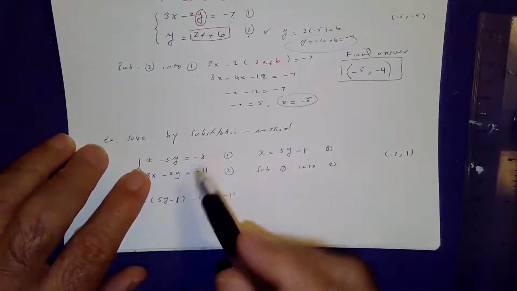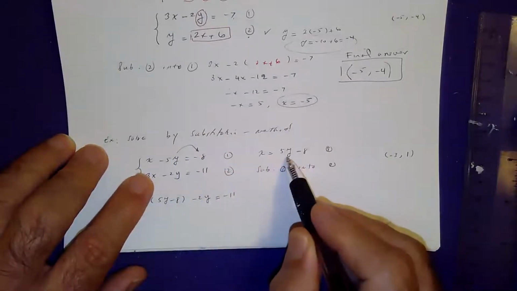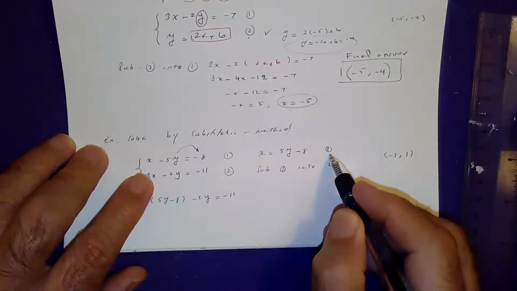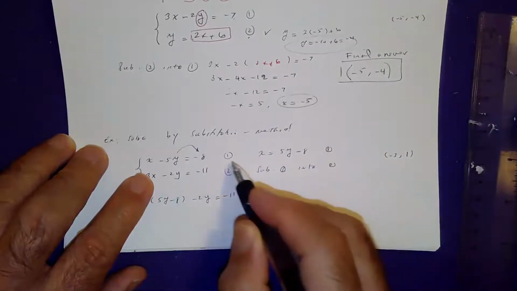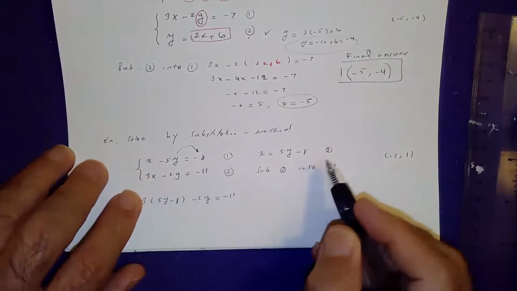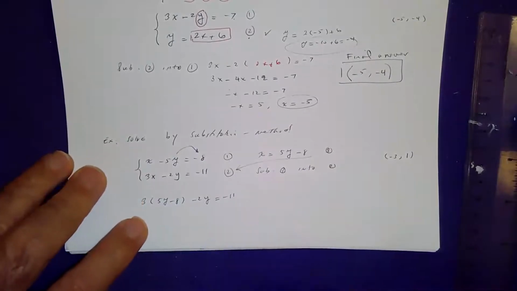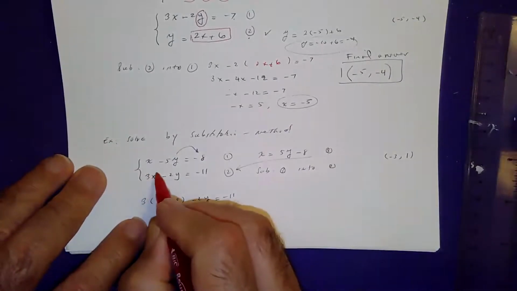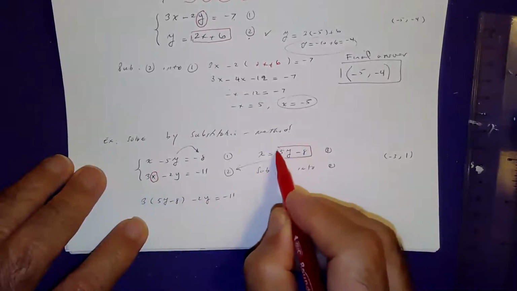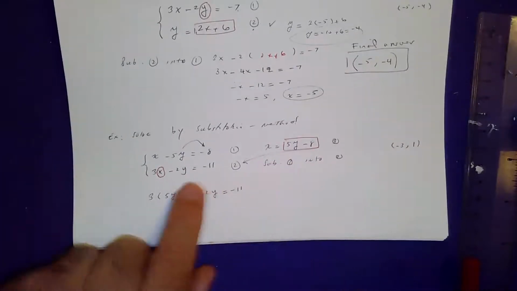How am I going to do that? Move the -5 over. So now you have +5y minus 8. Call that equation number 3. Where did 3 come from? It came from 1. So it cannot go back to 1. It has to go back to 2. So in equation number 2, replace this x with 5y minus 8. Okay, remember this came from 1, so it has to go into 2.